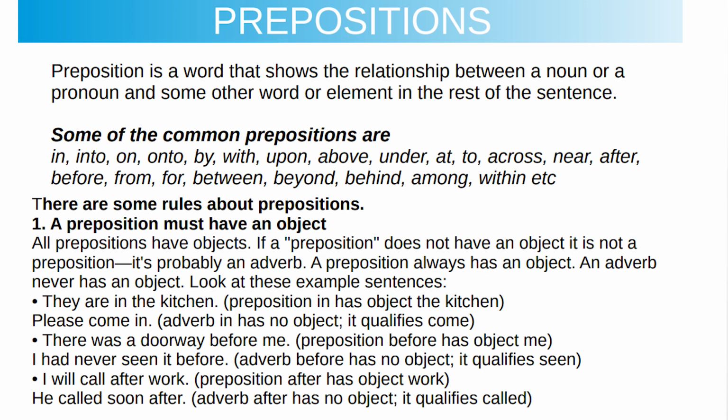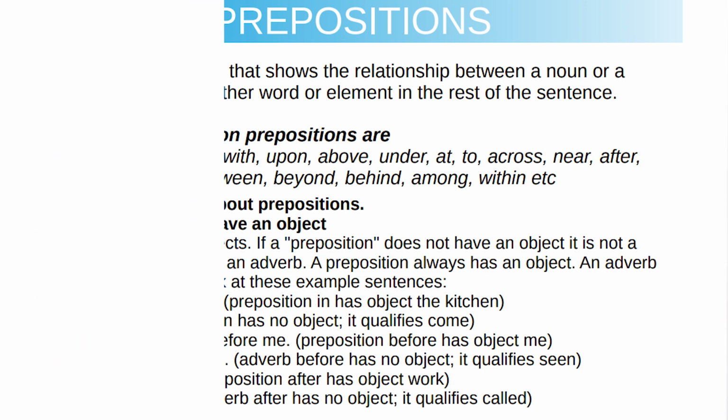Another example: I will call after work. It is a preposition. Why? Because after has an object. Another sentence: he called soon after. Here, after has no object. It is an adverb.